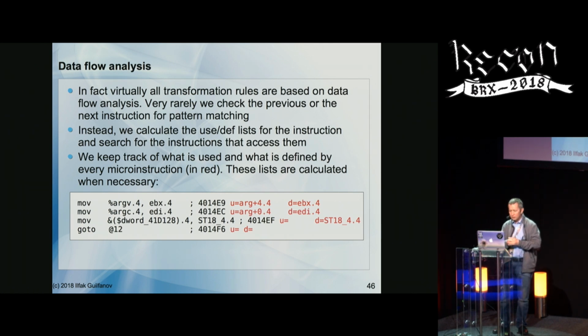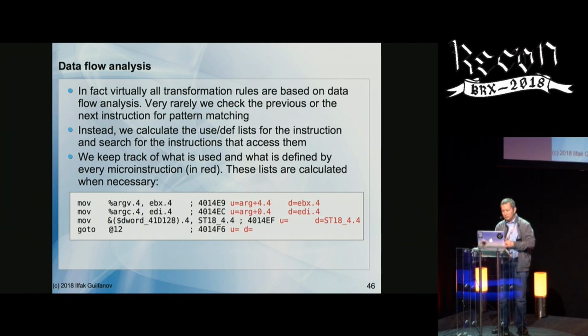Maybe you already noticed that on my slides, all the microinstructions had in the comments U= and D= notations. I highlighted them in red on this slide. So we see that, for example, the move instruction accesses argument +4, so it means the second argument, and defines the EBX register.